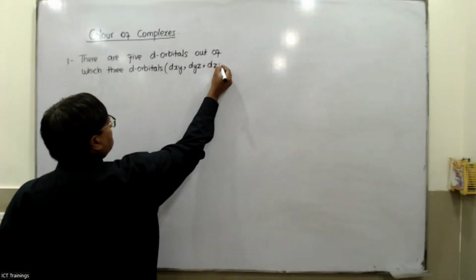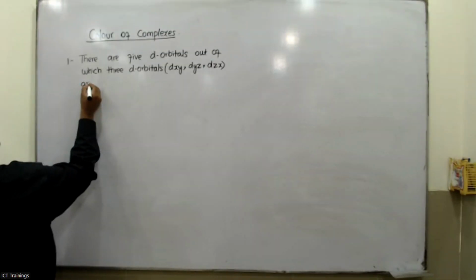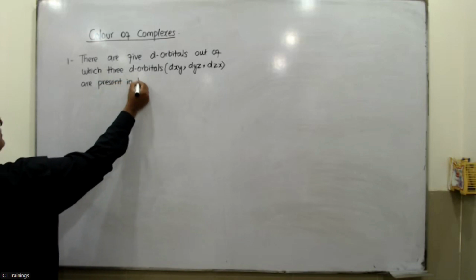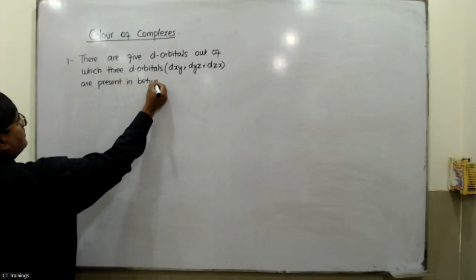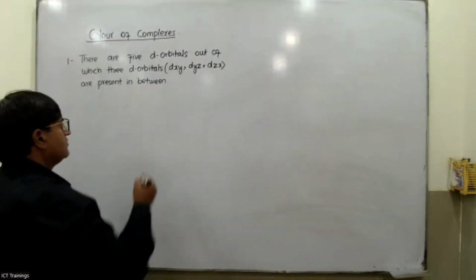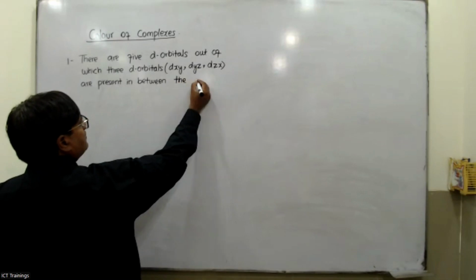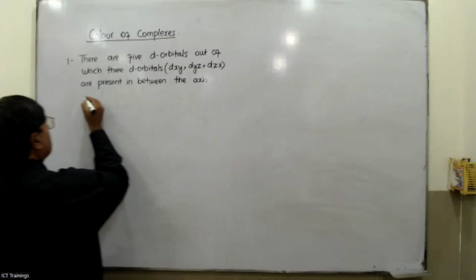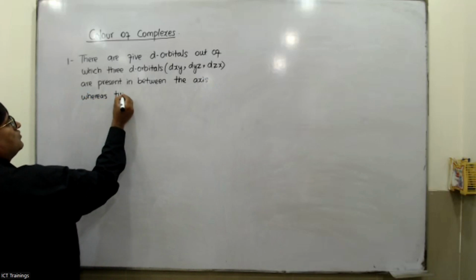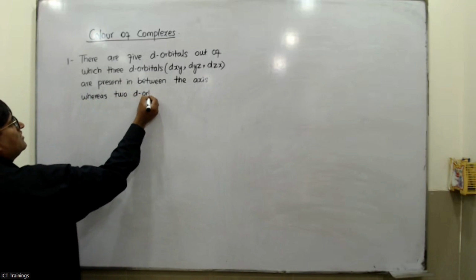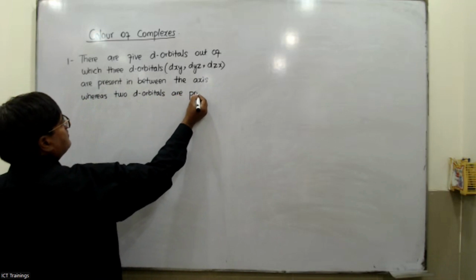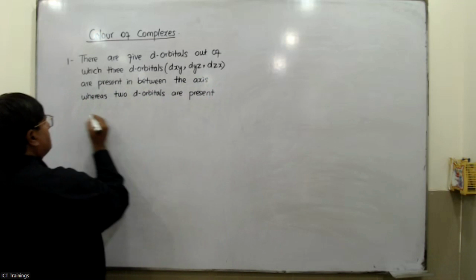They are present in between the axis, whereas the two d orbitals are present on the axis.